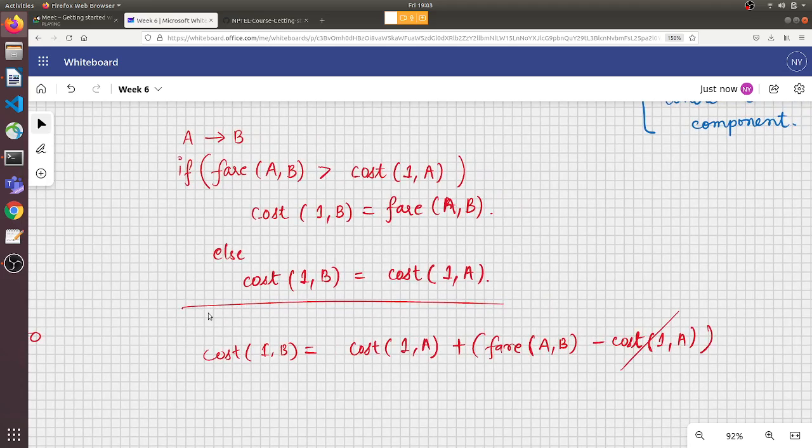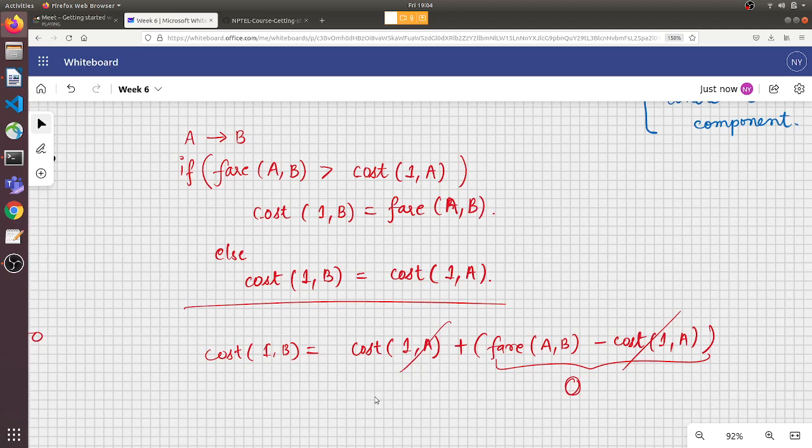And these two cancel out. So if fare A comma B is greater than cost 1 comma A, then cost 1 comma B is just equal to fare A comma B. And if it were negative, then this value in the bracket would have been considered 0, and therefore the cost 1 comma B becomes equal to cost 1 comma A. That's just something I wanted to mention about the cost function here.